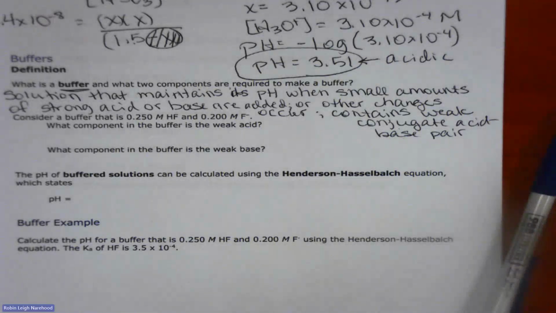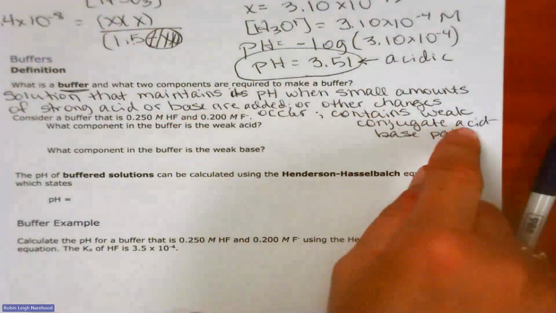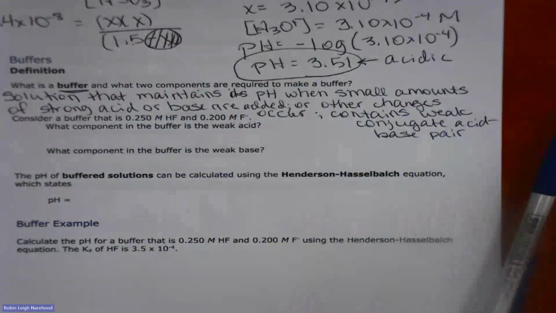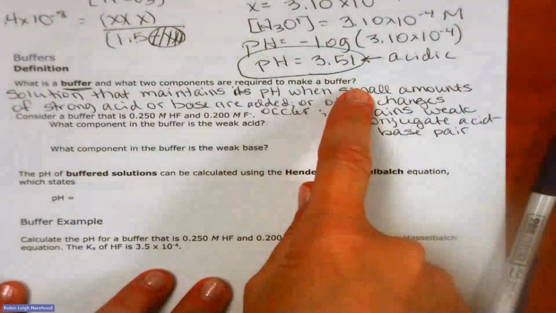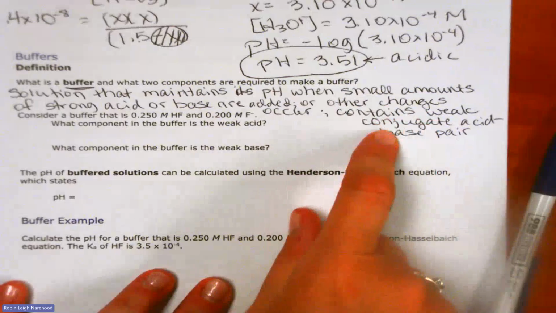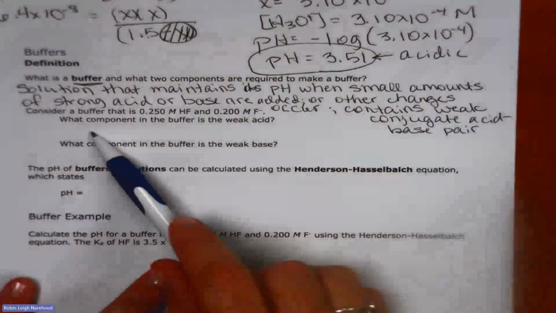Water will not get the hydronium, so the pH won't go down. If you add base, it will react with the acid that's already present, so you will not end up with hydroxides floating around, and the pH won't go up. It tries to keep the pH in a small range, but it's just small amounts. You can't dump a lot of it in there because at some point you're going to run out of this weak stuff.